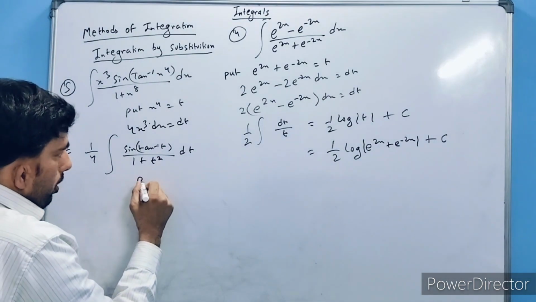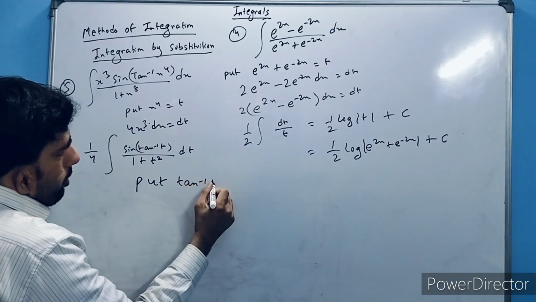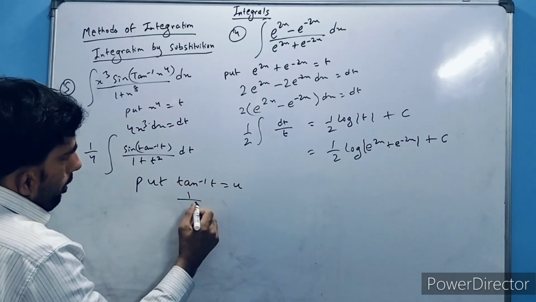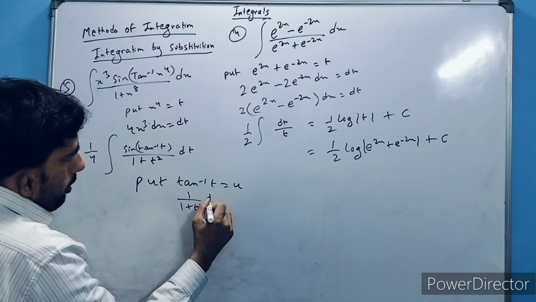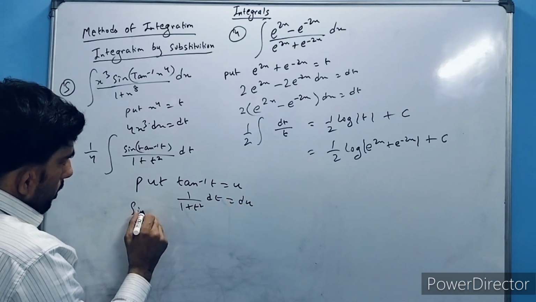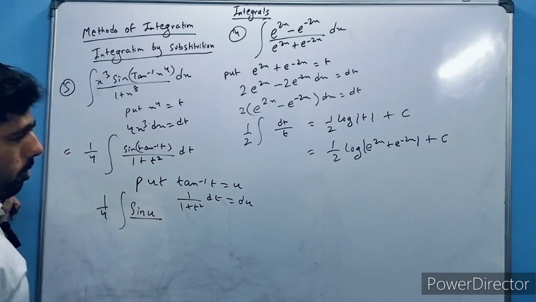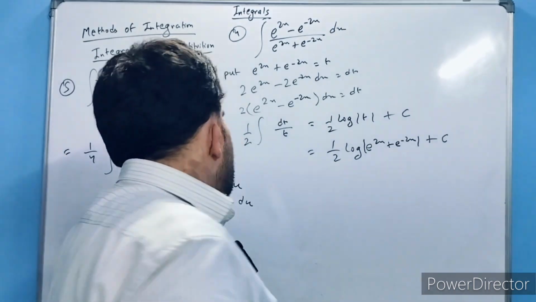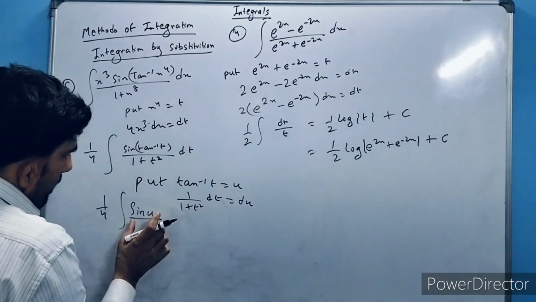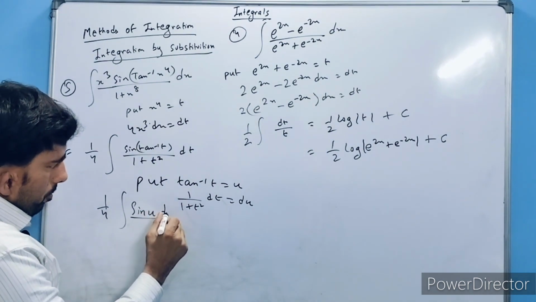Now what we can do, we will try the next substitution, that is put tan inverse t is equal to u, so that 1 upon 1 plus t square dt is equal to du. So now I got here sin u du.